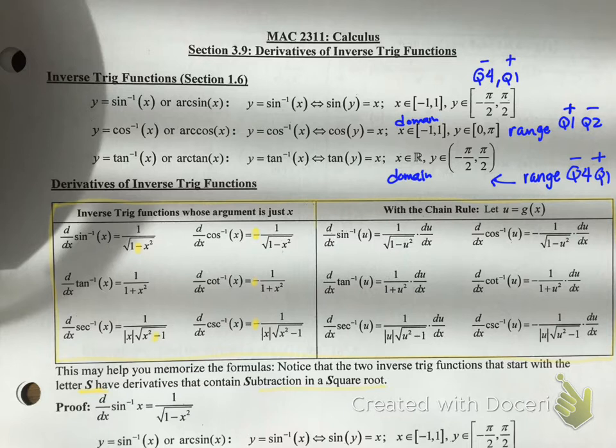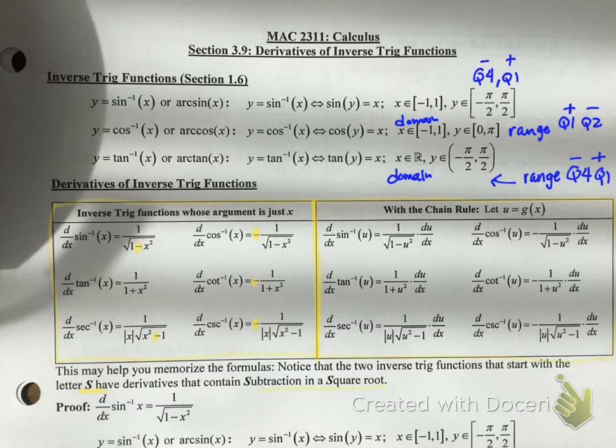And because we can't just have a regular function, it has to get a little bit more complicated, we also have the chain rule. So the derivative of inverse sine of u equals 1 over the square root of 1 minus u squared times the derivative of u.